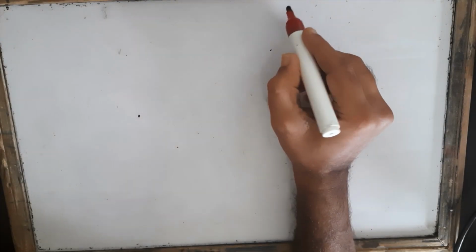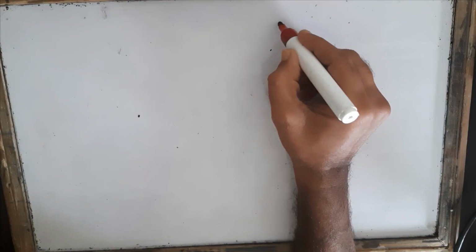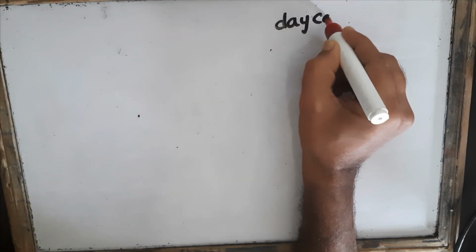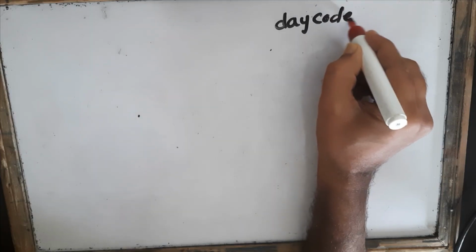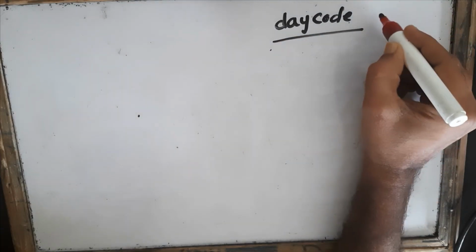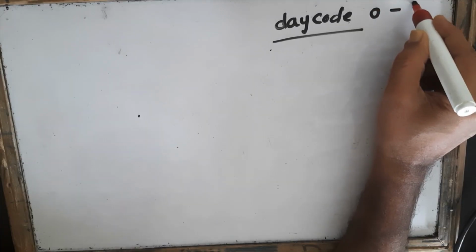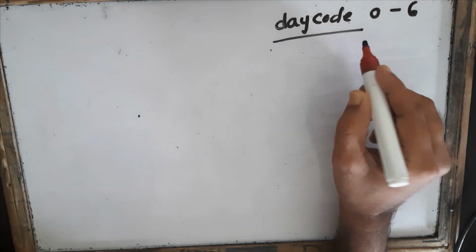In this chapter, we talk about switch case. So let's take an example. We have the code for the day code. Day code can be 0 to 6.